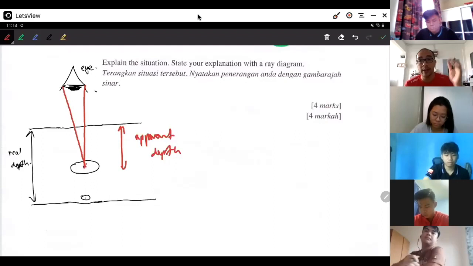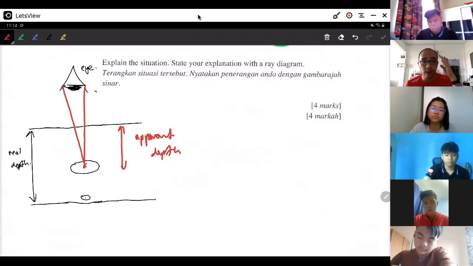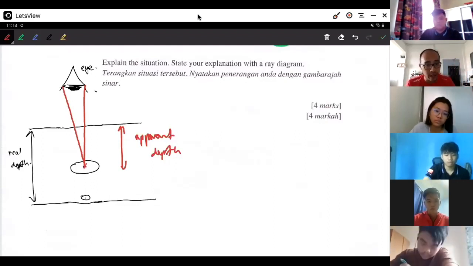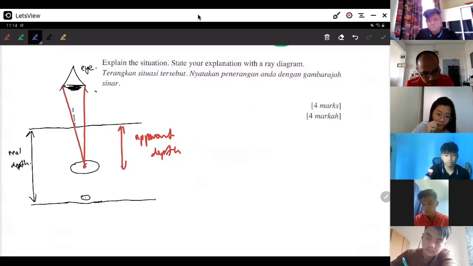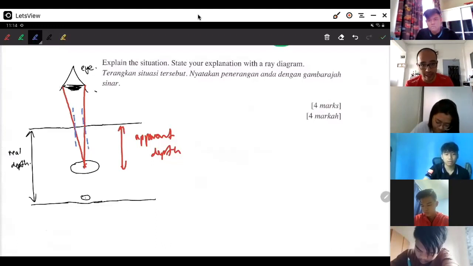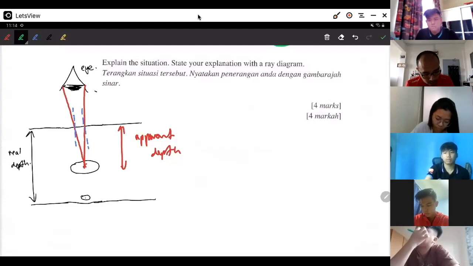So that's the one that we see, because our eye can only see light in a straight direction. Over where the boundary is, you draw the normal line. I should have drawn this bigger again. But anyway, over here, then you draw this one.